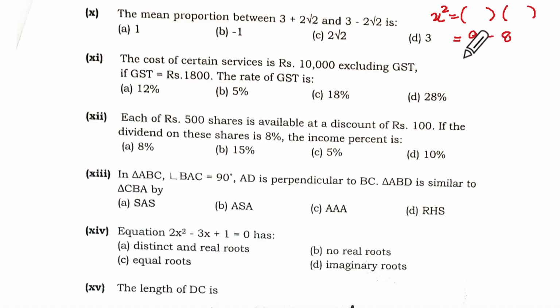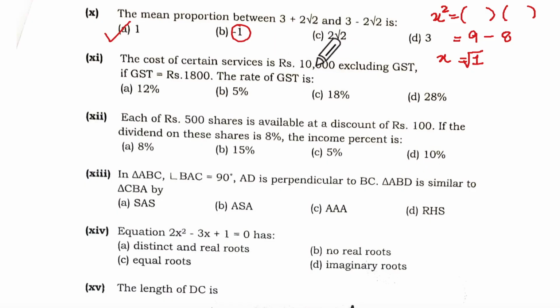Correct? So that will be equal to 1. So x is equal to root of 1. Now root of 1, can I take plus or minus 1? For a ratio we take positive quantities, right? Yes. So it will have to be A.